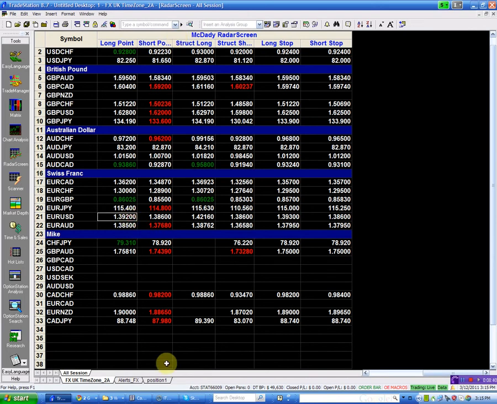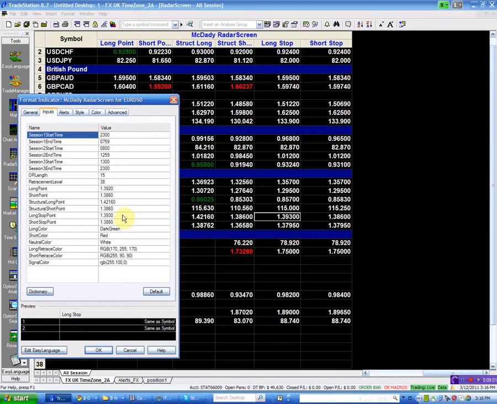We're buying it above 139.20, and we are going to use the long stop, which is 138.60.